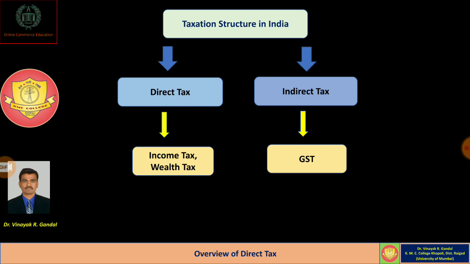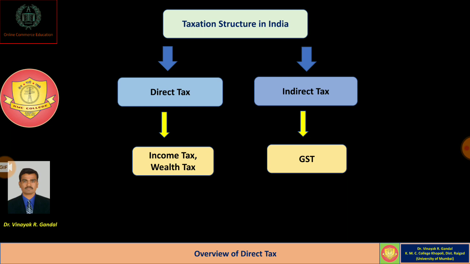We are going to understand only about direct tax. So dear students, direct tax consists of income tax, and for that purpose the Income Tax Act 1961 came into effect from 1st April 1961 and is applicable to the whole of the country including the state of Jammu and Kashmir.